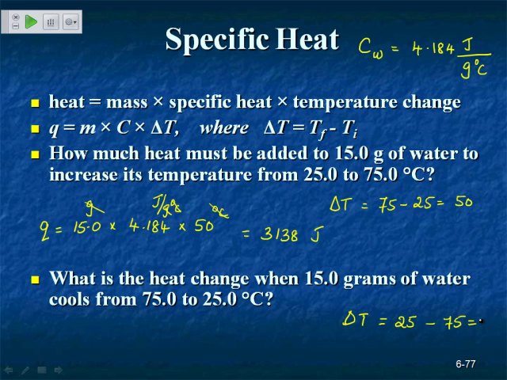So when you calculate delta T, you get negative 50. Then when you substitute everything into the same Q equation, you get 15 multiplied by 4.184 multiplied by negative 50. Therefore, the answer is negative 3138 joules.